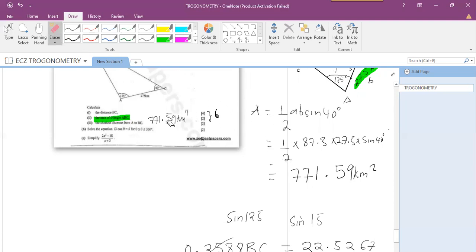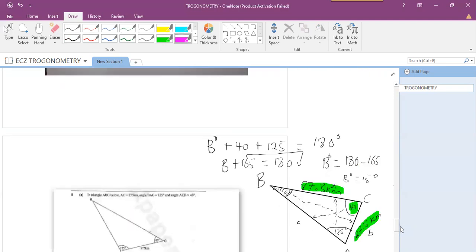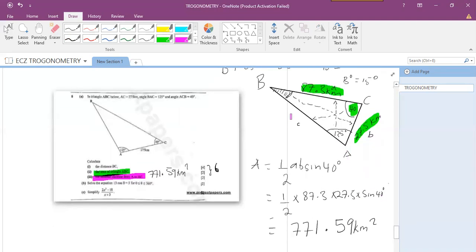Then again, I told you, look at the next question. It says the shortest distance from A to BC.